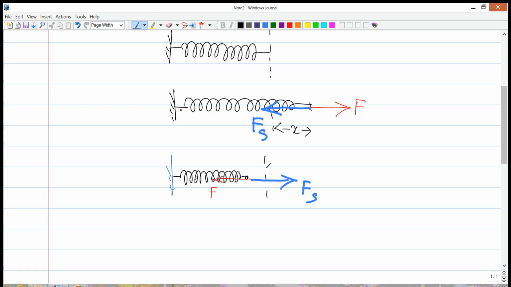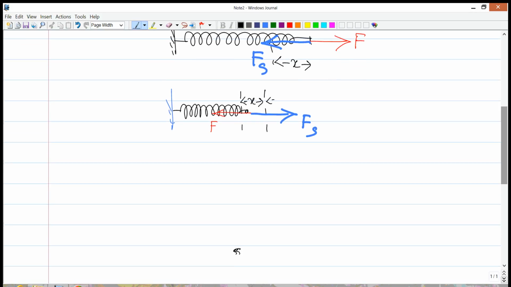And again, this distance from here is also equal to x. So the spring force is simply opposite any change to the spring's length. If you pull the spring, the force is towards the equilibrium. If you push the spring, the force is once again towards the equilibrium. So it always tries to change it back.